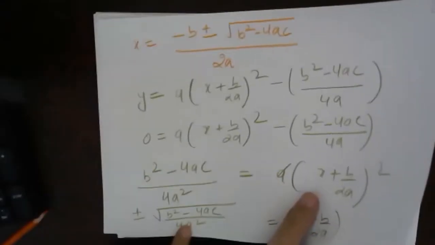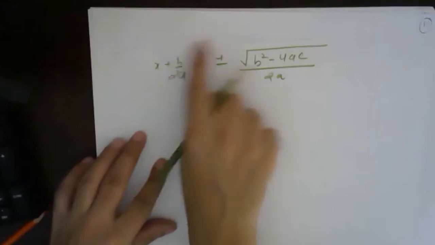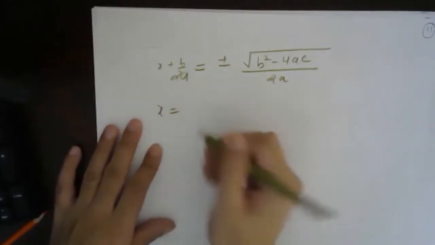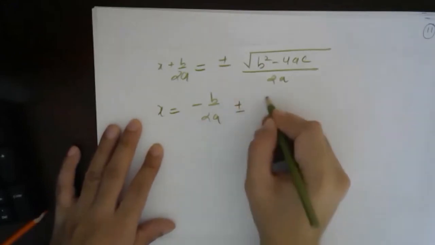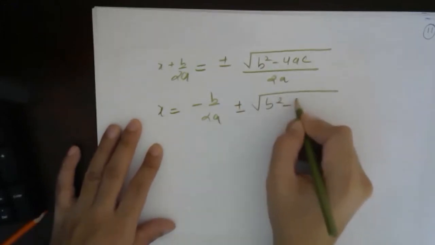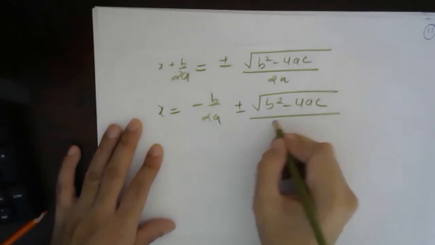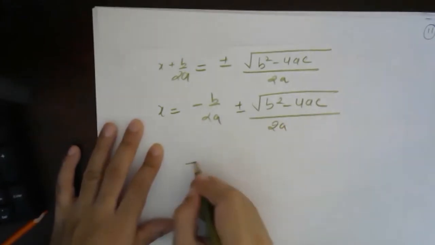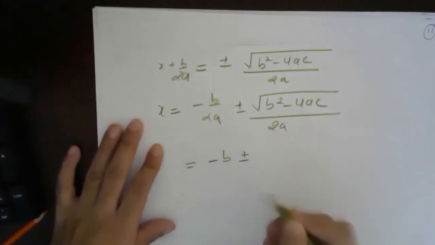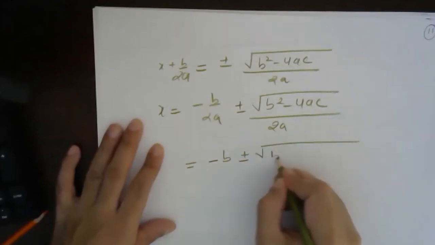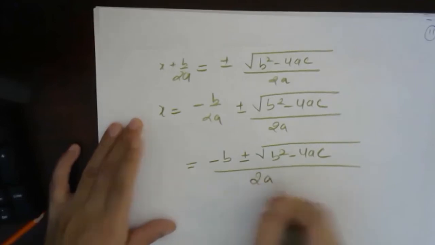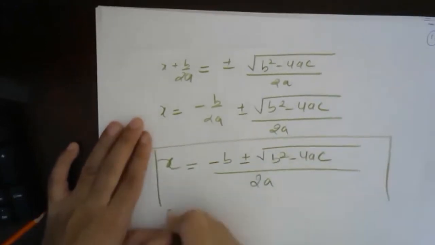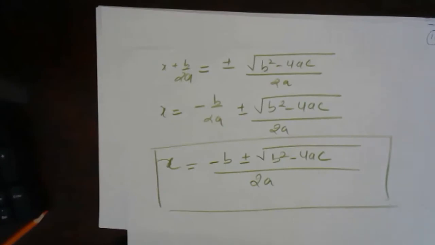I will take b on the other side, so x is equal to minus b by 2a plus minus under the root of b square minus 4ac by 2a. Taking 2a common, this becomes minus b plus minus under the root of b square minus 4ac by 2a. That is how we get the formula of the quadratic equation.